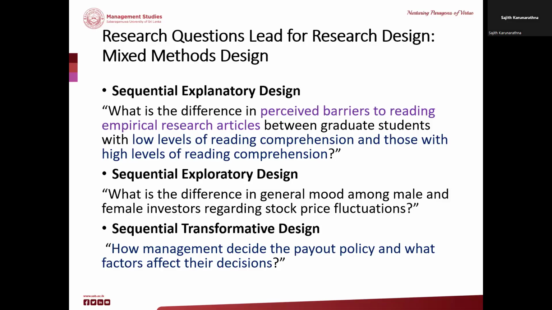First, you conduct a quantitative test to determine the level of reading comprehension. Second, you proceed with a qualitative study in order to determine what the perceived barriers are, as thematic analysis, as themes. You will understand these are the themes.